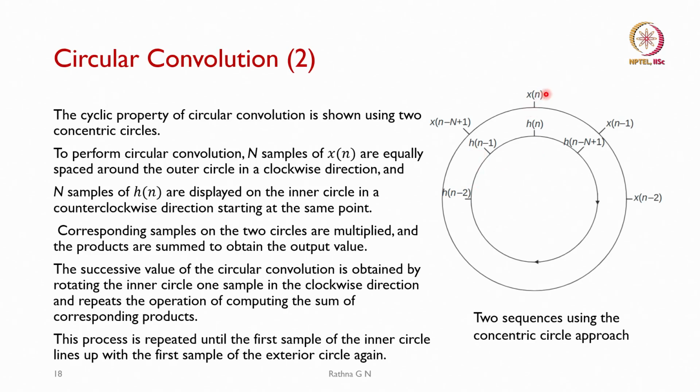Whereas x of n goes in this direction, anticlockwise, x of n minus n plus 1, and then we come to x of n minus 2 and x of n minus 1. So, this is how we represent it. We will see with an example how we are going to compute this.